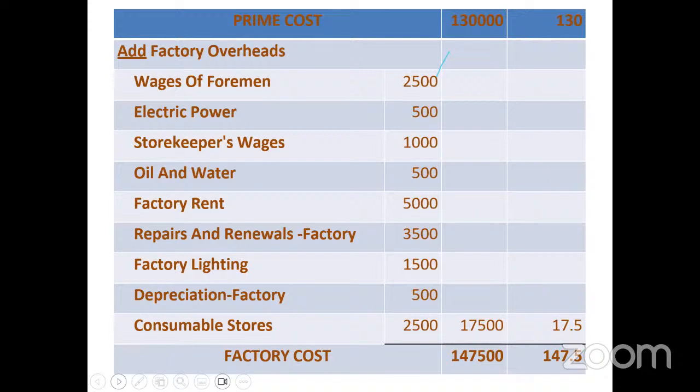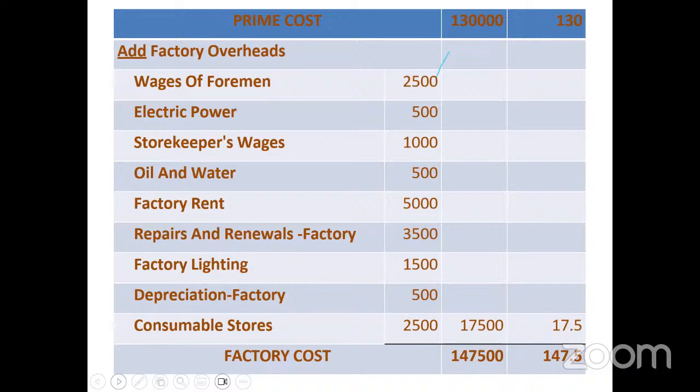Any doubt about any component of the cost under factory overheads? No, sir. Are you getting my point? Yes. If you add all factory overheads, what is the total amount? 17,500. 2,500 plus 5,000, sorry, 500, 1,000, 500, 5,000, 3,500, 1,500, 500, 2,500. So if you add all these, you will get total factory overhead of 17,500.